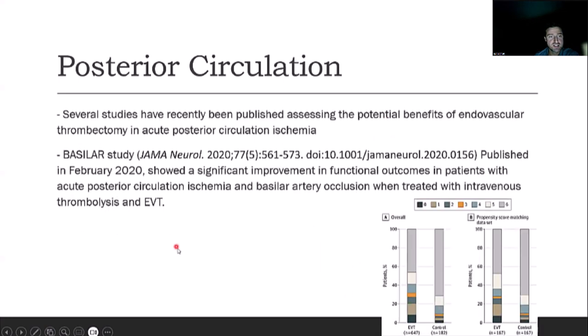Just summarizing that. And there are several studies now being published assessing the potential benefits of endovascular thrombectomy in acute posterior circulation ischemia. The BASILAR study came out in 2020. It showed a significant improvement in functional outcomes in patients with acute posterior circulation ischemia and basilar artery occlusion.